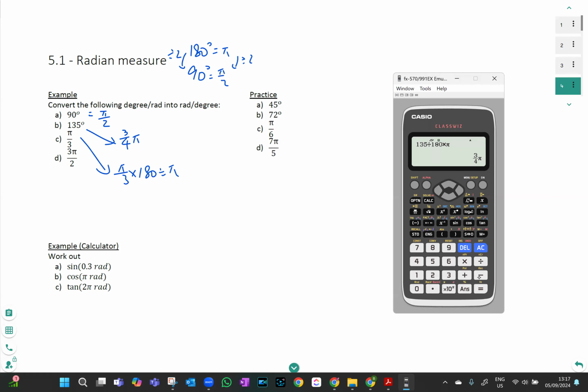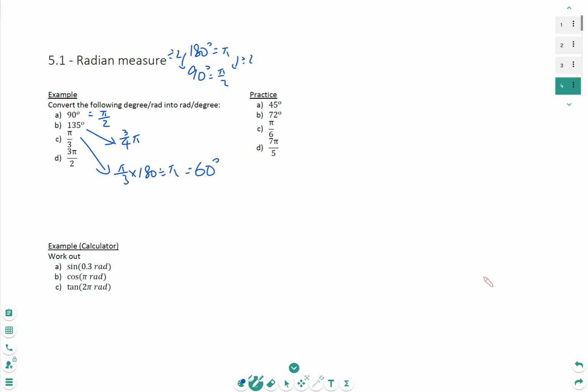So put in a calculator: pi over 3 times 180 divided by pi, which is 60. For 3 pi over 2, do the same thing: 3 pi over 2 times 180 divided by pi, and you should get 270 degrees. Is it? Pi over 2 is 90 degrees, and 90 degrees times 3 is 270 degrees.